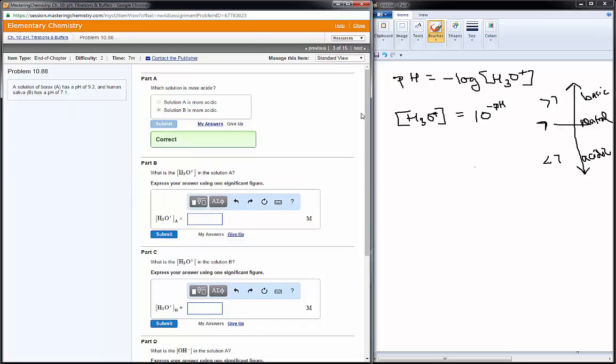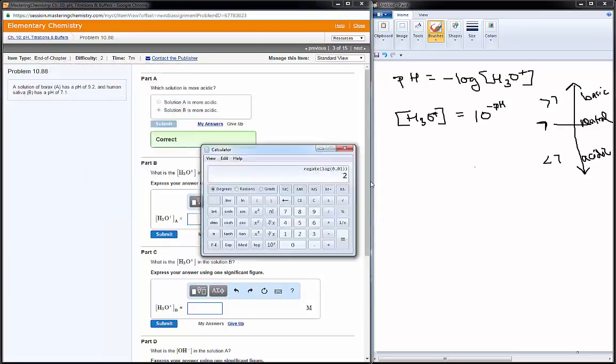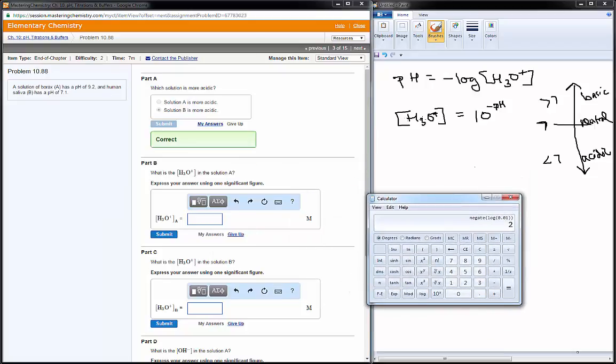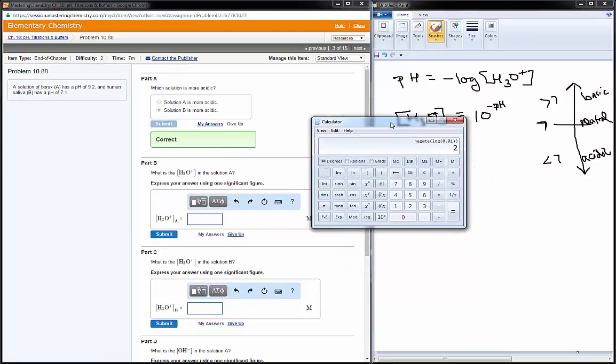What is the H3O plus? I'm just going to plug it into this exact same equation that I've got. My H3O plus is 10 to the negative pH. So my pH is 9.2. Then 10 raised to that is 6.3 times 10 to the negative 10th.